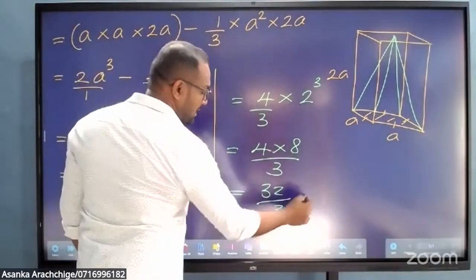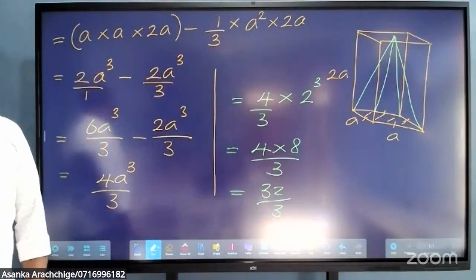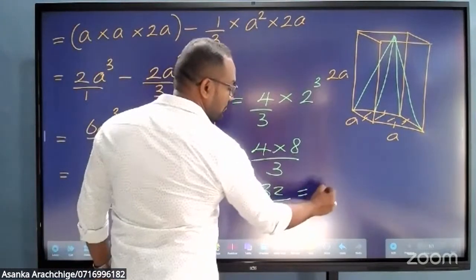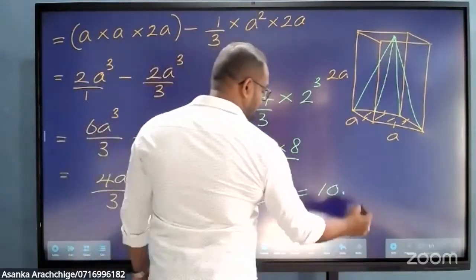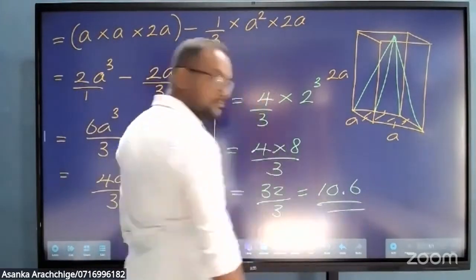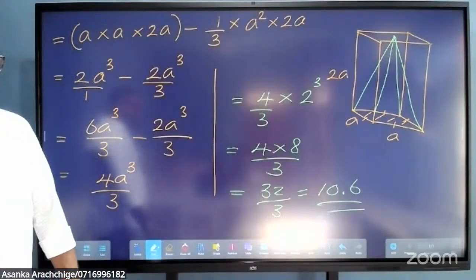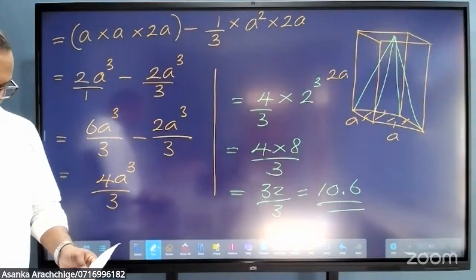Divide 32 by 3. Answer 10. 3 times 10, 30. Then 10.66. No? 10.666 or 10.67 in cubic centimeters.